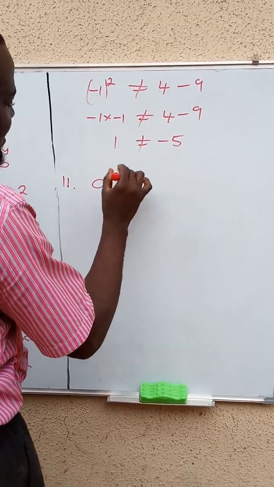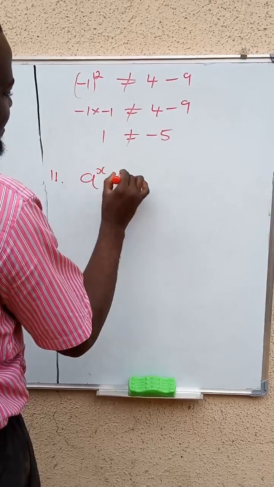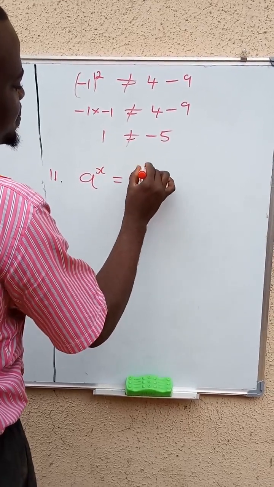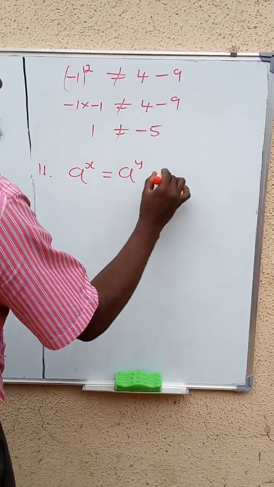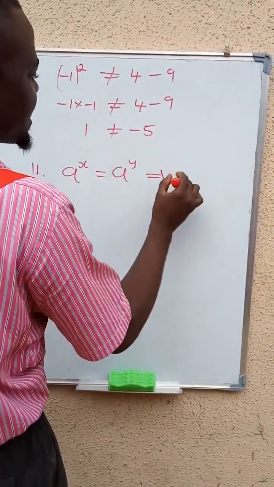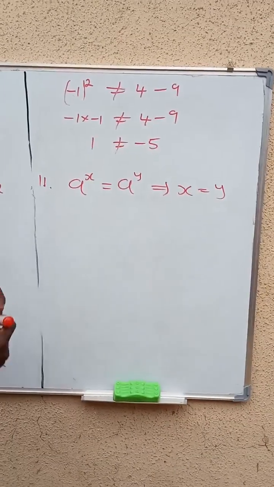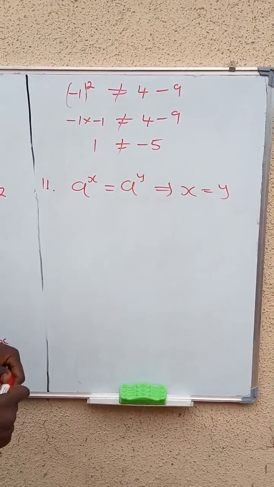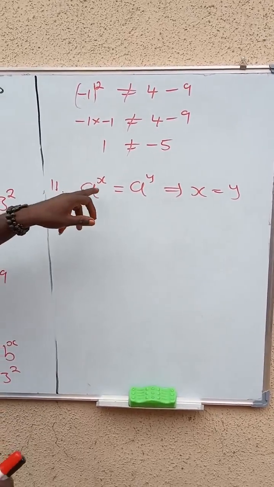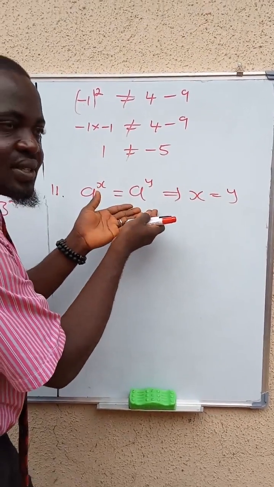If I have a raised to the power of x is equal to a raised to the power of y, it implies that x is equal to y, provided a is not equal to 1 or 0. Now we have the base here is the same as the base at the right hand side.